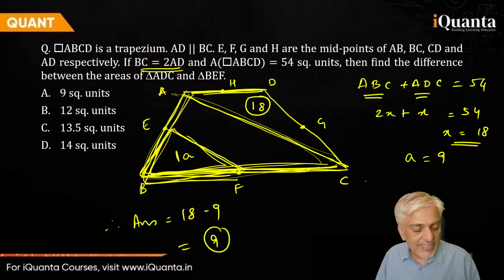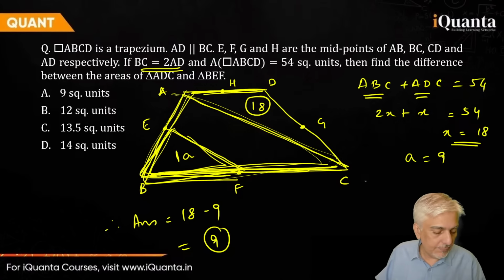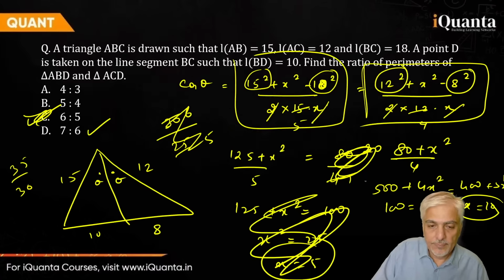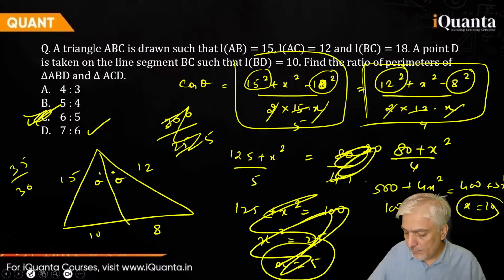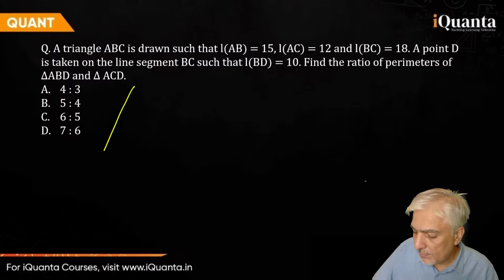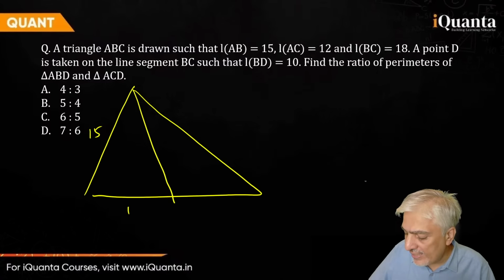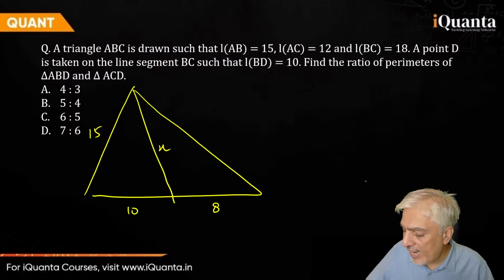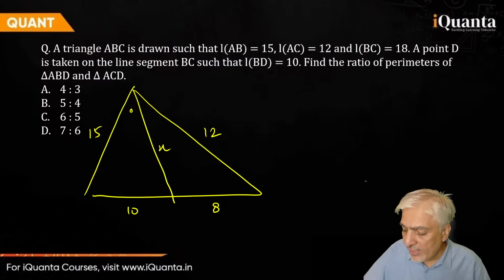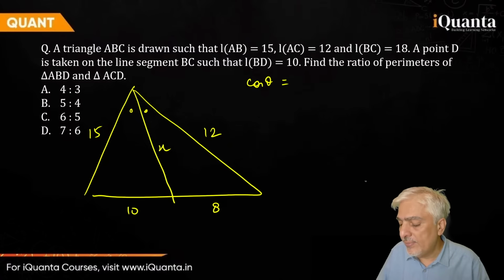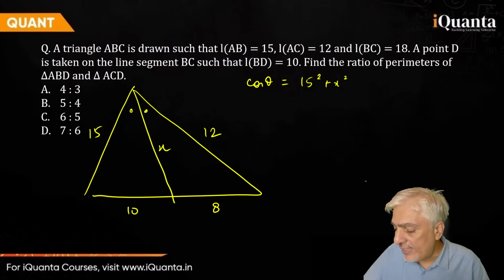I'm going to go back to the previous sum and explain it one more time properly. Sides 15, 10, x, 8, 12, x. Both the angles were theta. I use the cosine rule. Cos theta for the first triangle is b square plus c square, that is 15 square plus x square minus 10 square upon 2 into 15 into x.